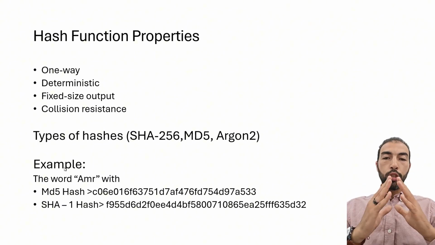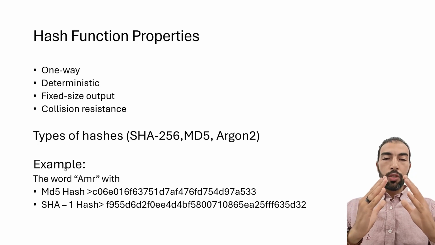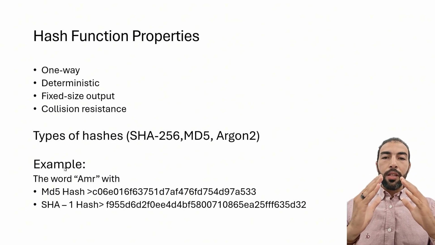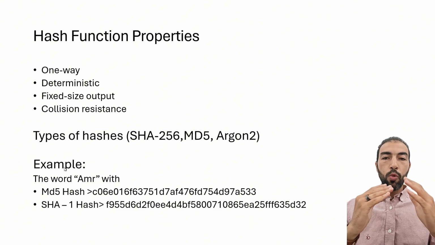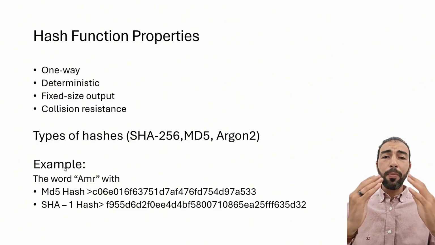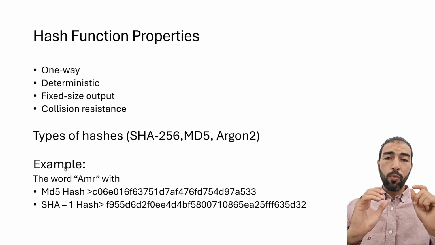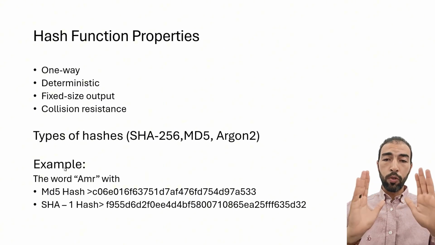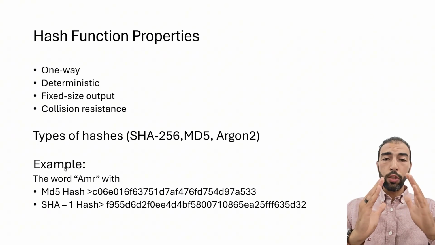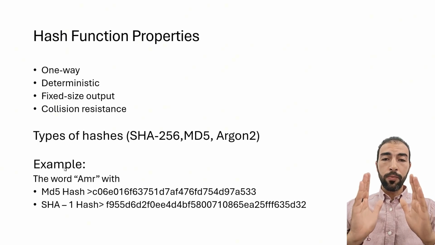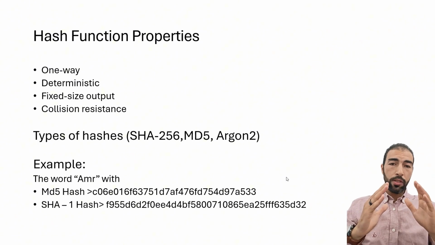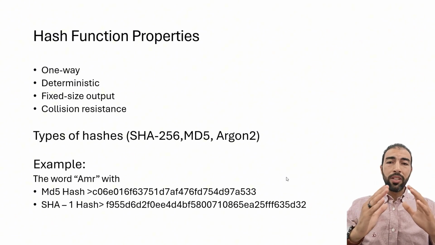Collision resistance. Each type of hash has collision resistance, so that we will not find two identical hashes. Any small change in the input will change the output dramatically. So you will not find two hashes identical to each other. We can use these types of hashes in a lot of areas in our life.